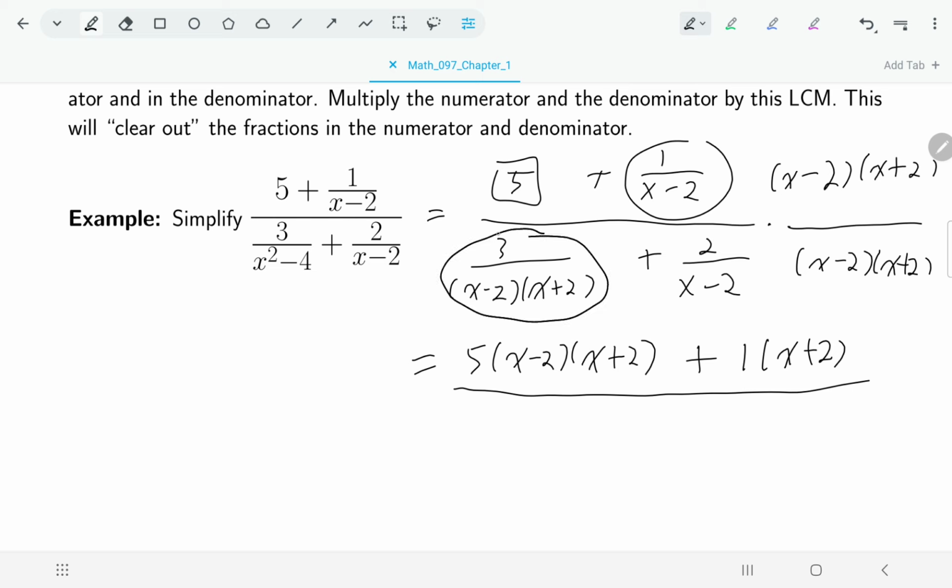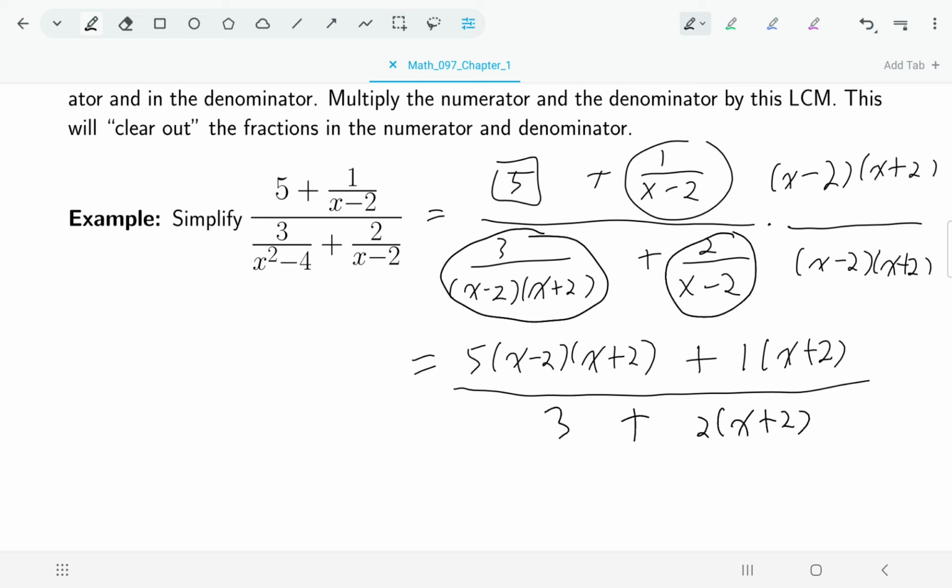When we take that first fraction and multiply it by x minus 2, x plus 2, the x minus 2's and the x plus 2's all cancel, leaving just the 3. When we multiply the last fraction by x minus 2, x plus 2, the x minus 2's cancel out, leaving just 2 times x plus 2.